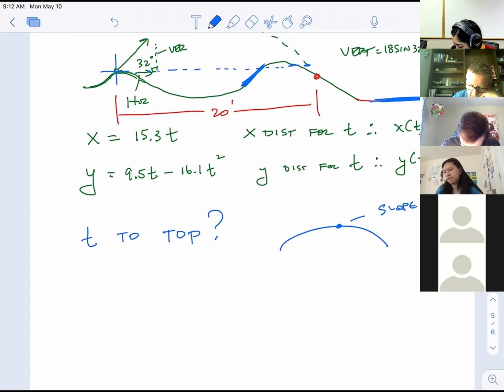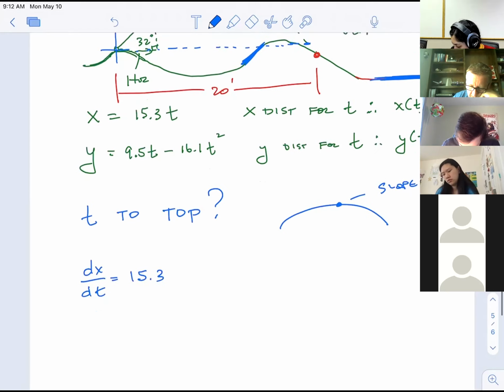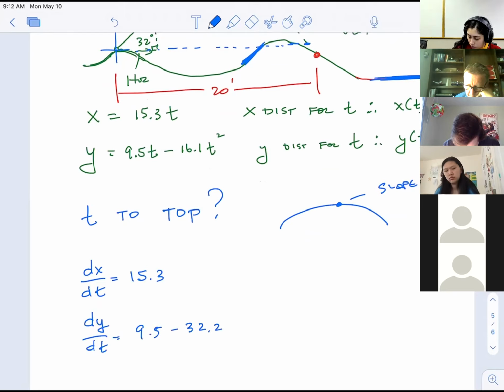Isn't dx/dt equal to 15.3? And dy/dt is a little more complicated. It's 9.5 minus 32.2t. And by the way, I showed you this in previous classes. I can't remember where or how, but these are actually velocities now.